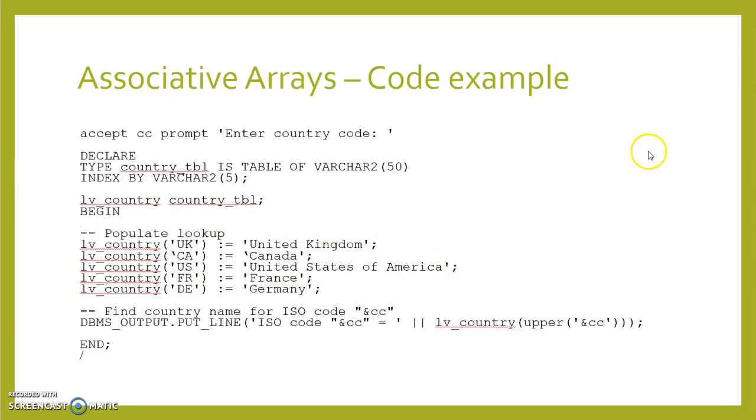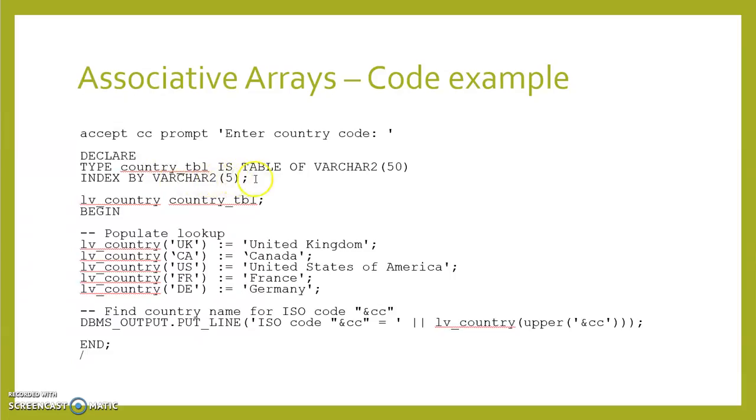I've got a code example here of some PL/SQL that shows how to use an associative array. So I took the country code table example, and in Oracle, an associative array is declared with a type of table. And you then specify the data type of the value of the associative array, and then you specify, with the keyword INDEX BY, the type of the key within that associative array.